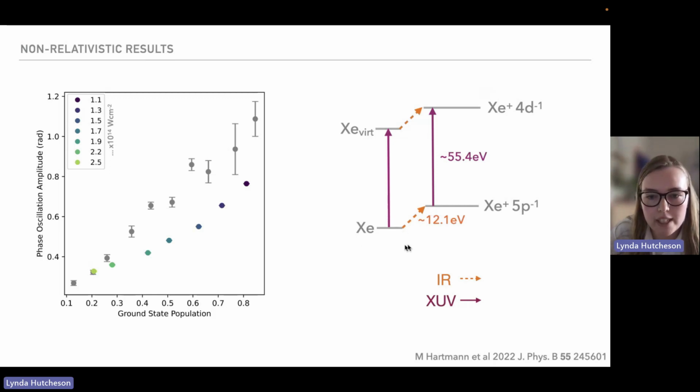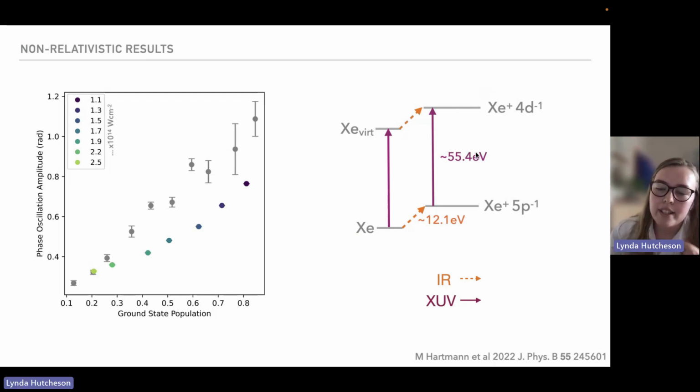You'll have more population in the neutral ground state, and therefore there's more opportunity for the XUV to excite to some virtual bound state, and then the IR to finish the job to create a full 4d shell. So this kind of confirms what we proposed. And that's what we published in the paper. And in the paper, we call this XUV-assisted strong field ionization.